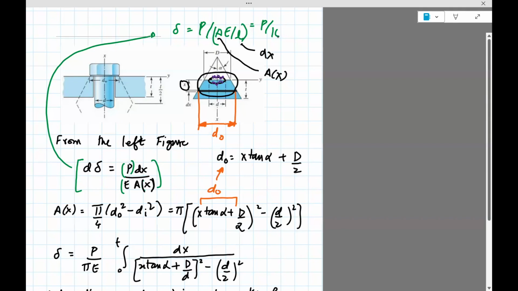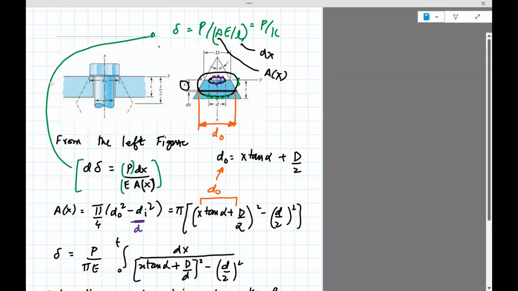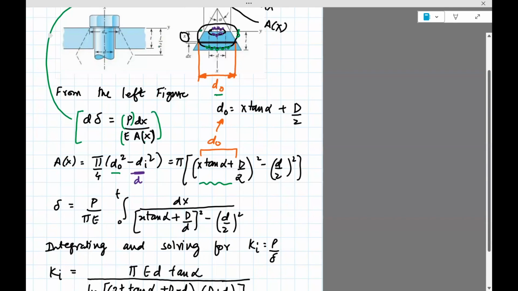So that's the inner one, D, and then the outer one sits, so that's the outer one, which is actually a function of X. So that's D0. So here is a value for D0 based on that. You can use similar triangles and do it. That's not important, but you take A of X, you put it in there, and you need to integrate over this length, 0 to T.